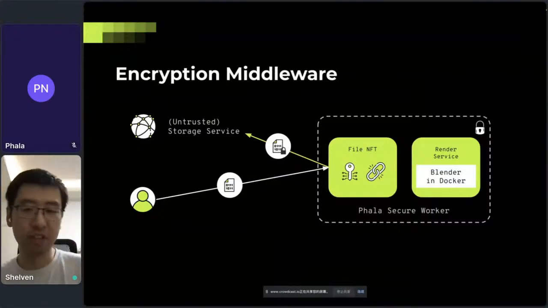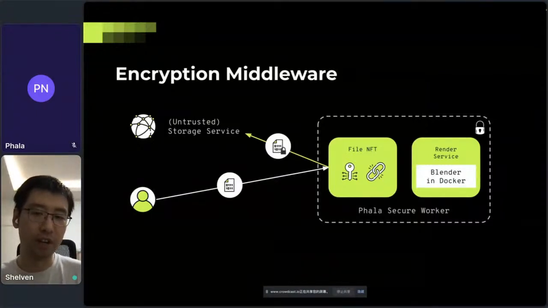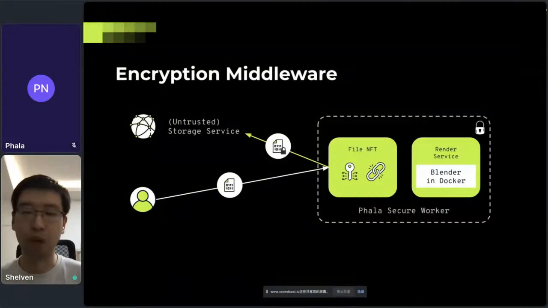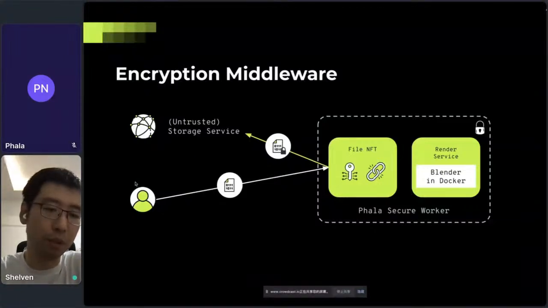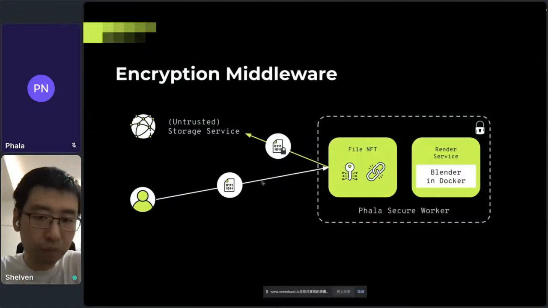And another important usage of our contract here is we call it the file NFT, because since your data privacy is promised in our contract, it's possible to make your file an NFT in Phala network. So let's see what happens. For example, the user can first upload a file to our contract instead of directly to the storage.